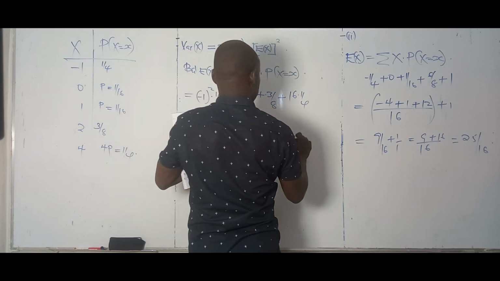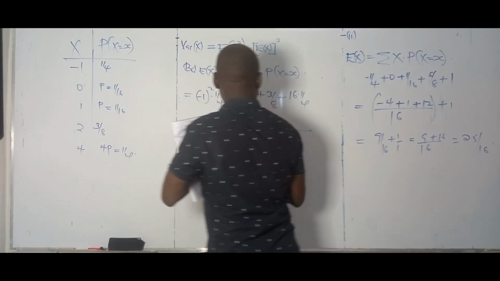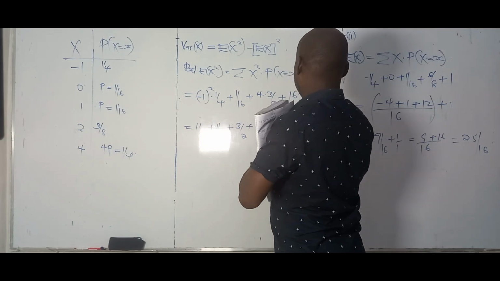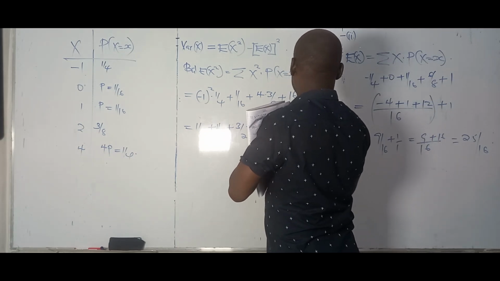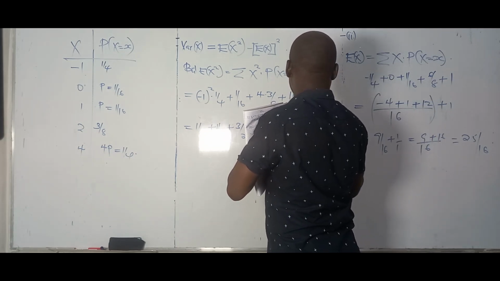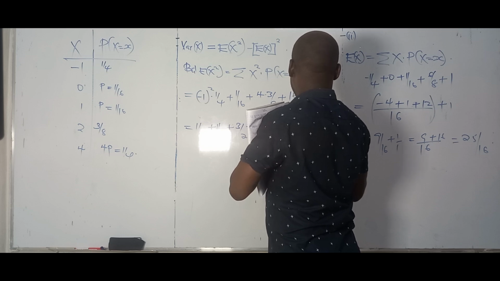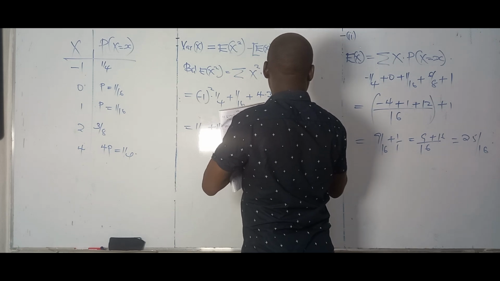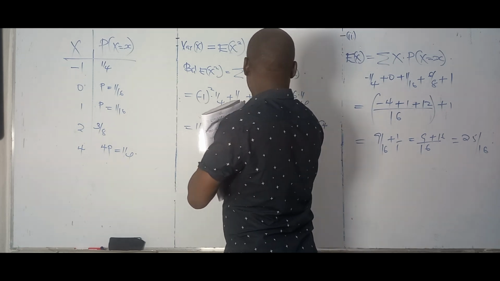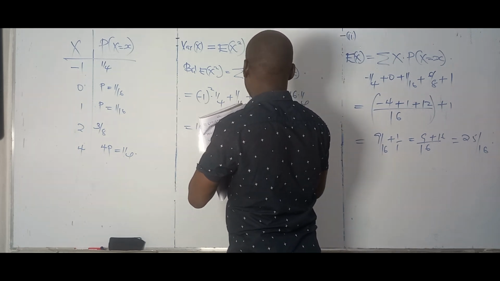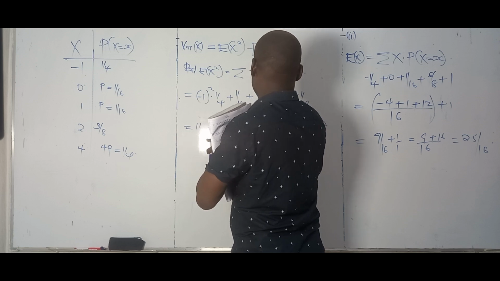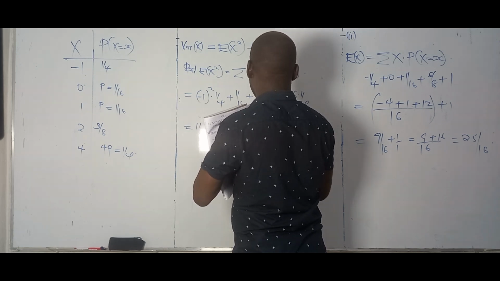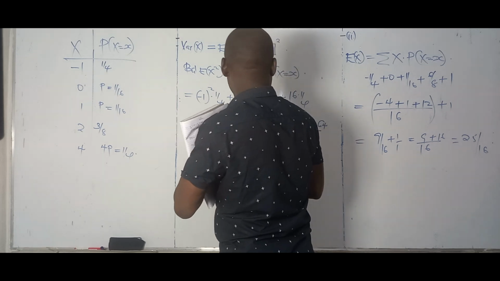The LCM is 16. So 64, plus 24, plus 1, plus 4.